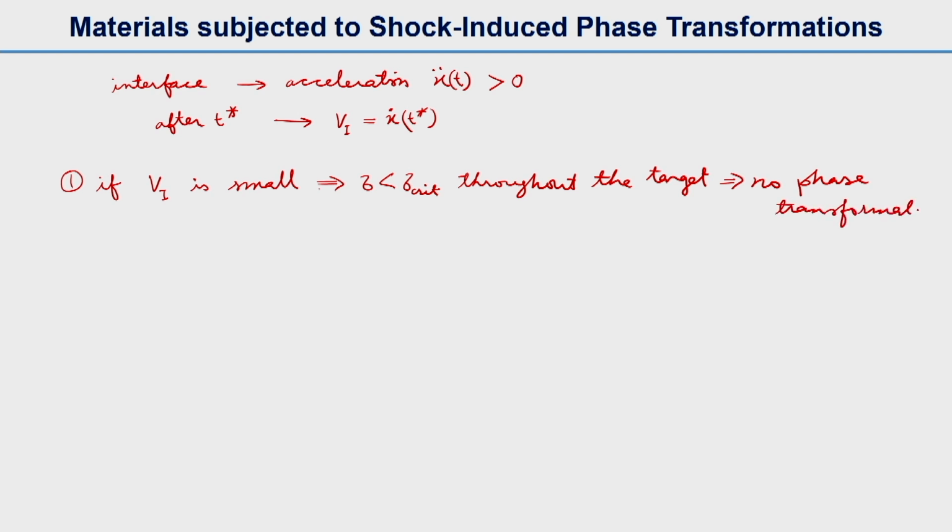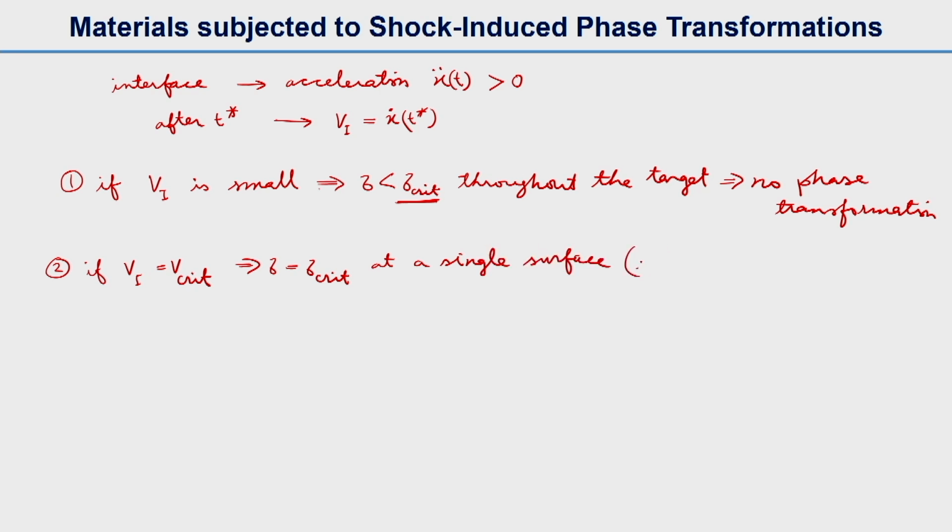So, what does this critical mean? If it is below the critical, the stress is below the critical limit, then no phase transformation, and that is true for Vi less than some value, that is V critical, you can see. So, if Vi is equal to V critical, then sigma is equal to sigma critical, at a single surface.